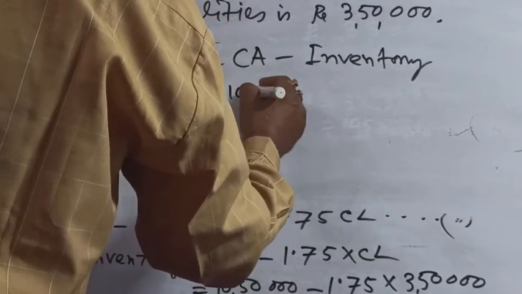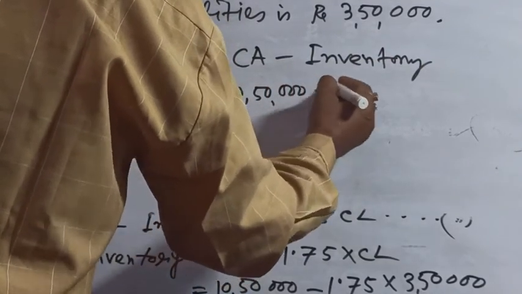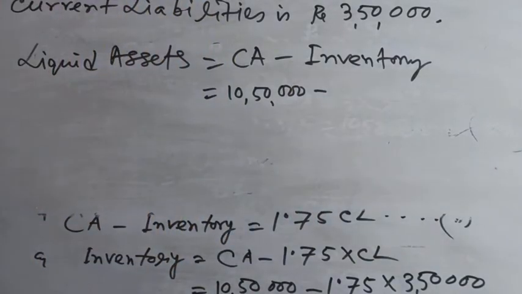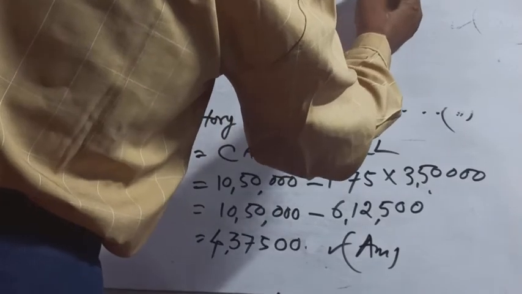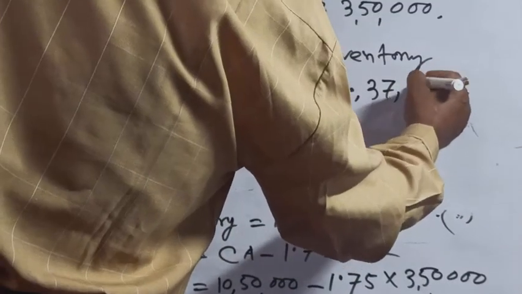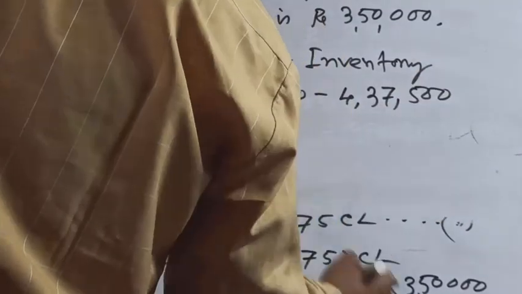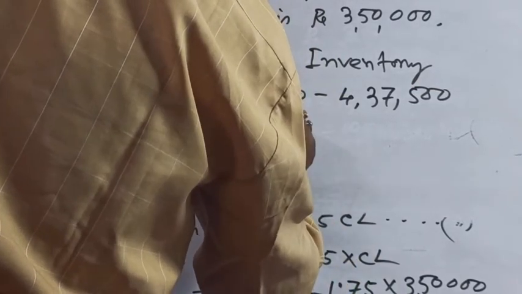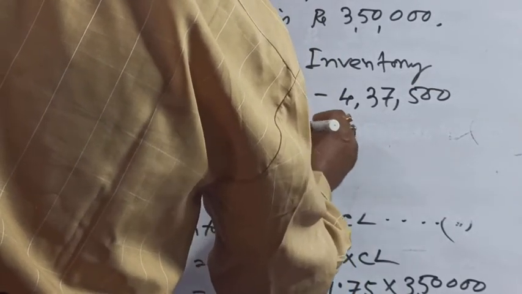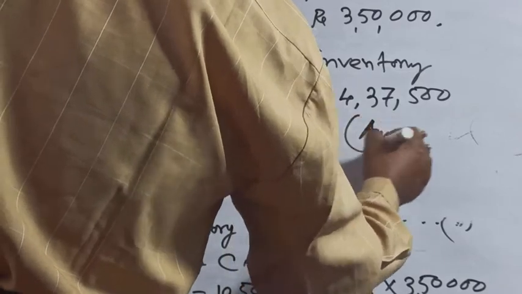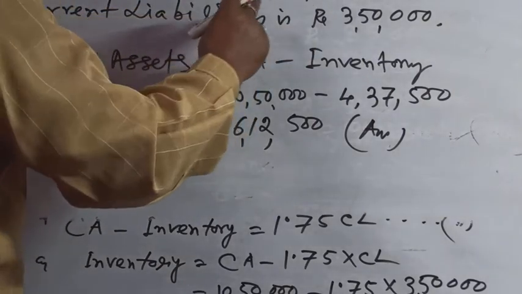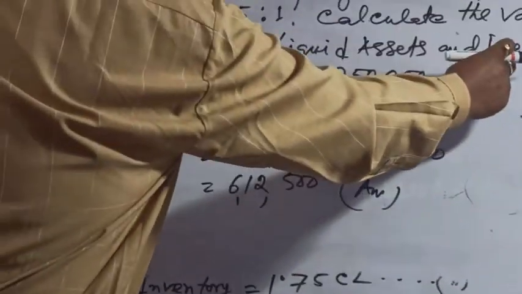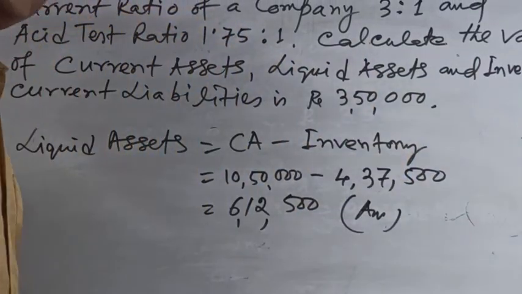CA equal to 10 lakh 50,000 and inventories are given, that is equal to 4 lakh 37,500. This is equal to 6 lakh 12,500. This is the answer. Okay, everybody understands? Find the value of CA, inventories and liquid assets. Okay.